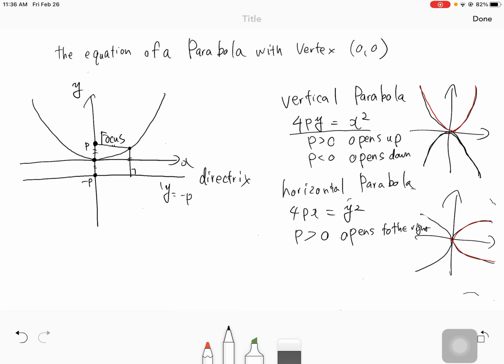And if p is smaller than 0, it opens to the left. Okay? So what you have to memorize is these two. Today I don't explain about why. You can derive this equation yourself.